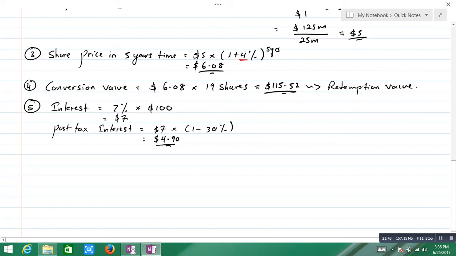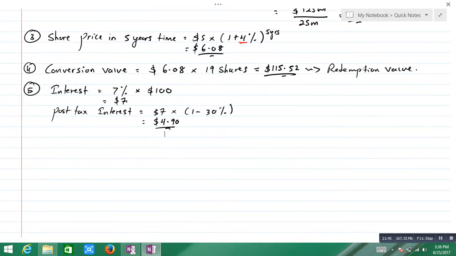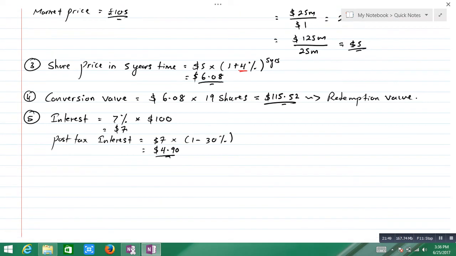Now once you calculate that, we calculate our KD: I times 1 minus tax over PO times 1 minus F. There's no issue cost in this question, so we don't need to worry about 1 minus F. Let's work out the KD now. 4.9 over our market price PO, which is 105.